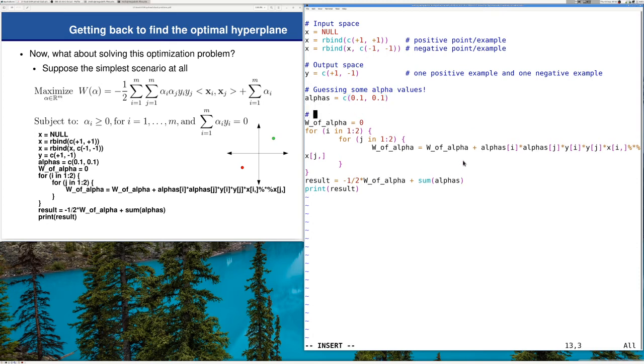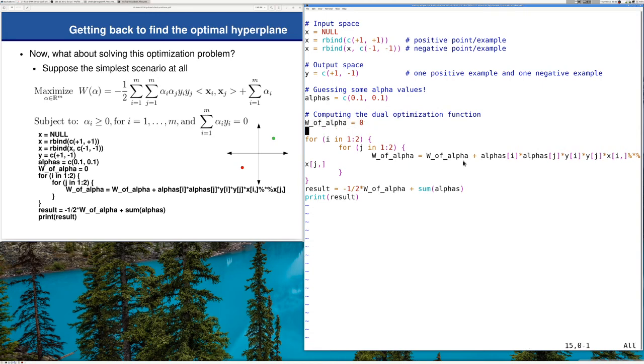And here we are computing the dual optimization function. So what is our optimization function W of alphas?